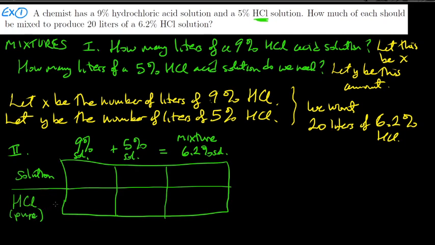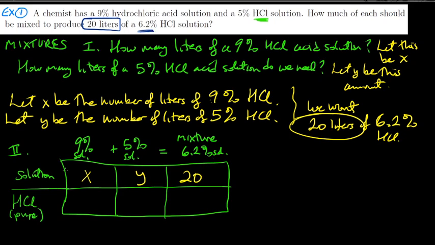I guess it's never really pure, but essentially it's pure hydrochloric acid. So for the solution, we're looking for X liters of the 9% solution, Y liters of the 5% solution, and we want 20 liters total. Again, that was in the question. We want to produce 20 liters of the 6.2% solution.